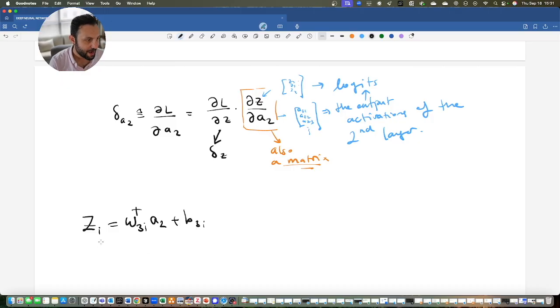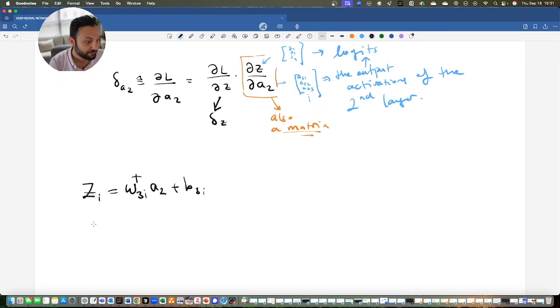So again, I have to calculate the derivative of dz over dA2 for any of the zi's and A2j's, because A2 is a vector with several indices, and zi is a vector, and the derivatives between these indices constitute a matrix which we call the Jacobian matrix.